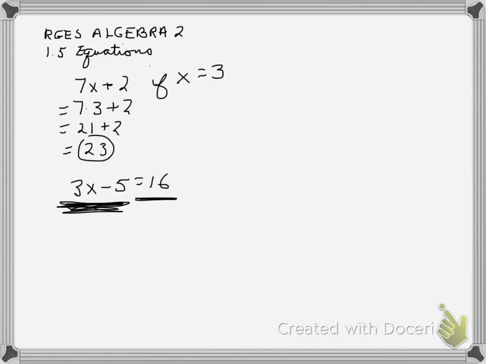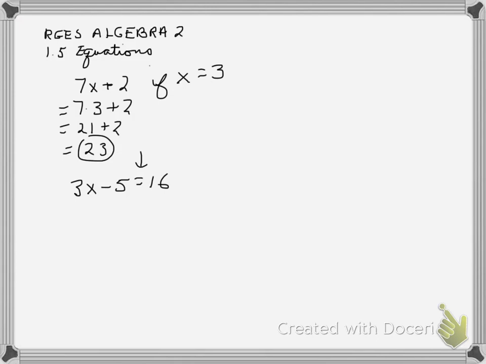In evaluating, you are figuring out what the expression equals. Now I'm telling you it equals 16, but I want you to figure out what the x would have to be in order for it to equal 16. We call this solving an equation. It is an equation because it has an equal sign.